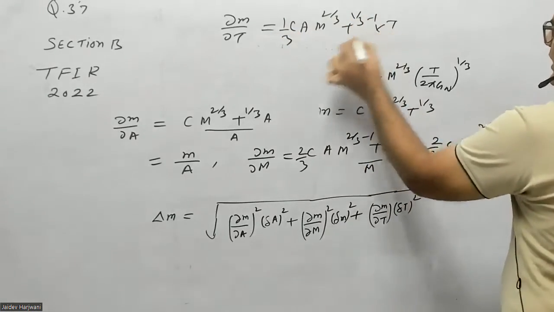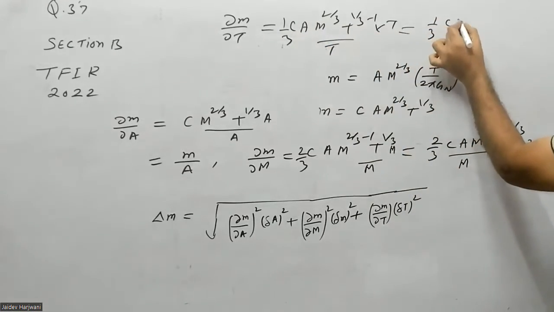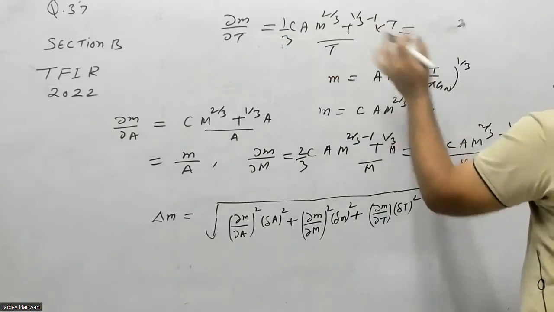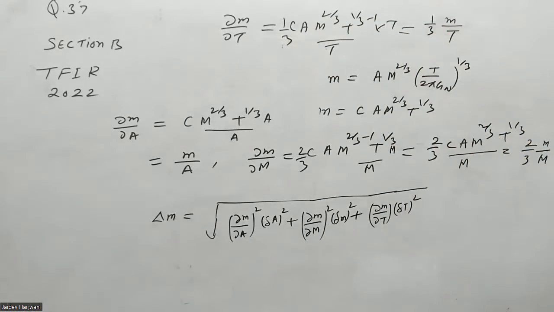Again multiply and divide by T, so this will come out as 1/3 C A, which becomes small m, so this comes as 1/3 small m by T.